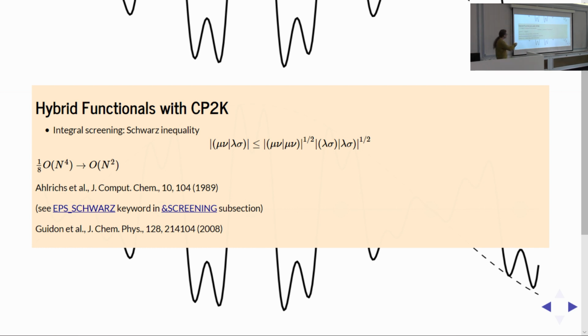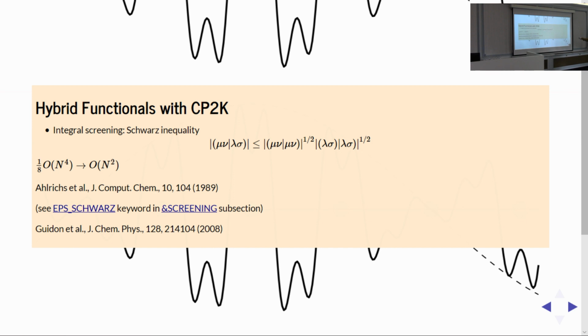The so-called Schwarz inequality is almost like the triangle rule from linear algebra. The absolute magnitude of this scalar product type thing, the matrix element of these mu, nu, lambda, sigma, is always going to be less than the square root of the magnitude of the mu nu and lambda sigma ones.